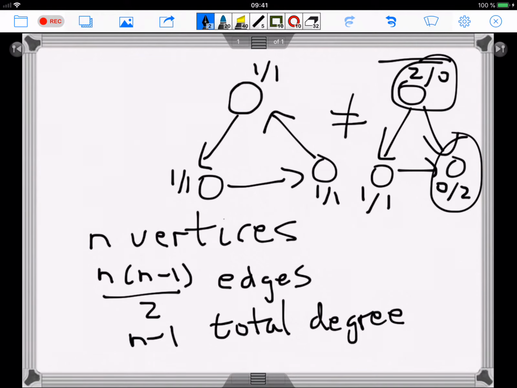So you can see here that the in degree plus the out degree is always 2, because this is a tournament of 3 vertices. Okay, so this answers the question of what the numbers of vertices, edges, and degrees are in tournaments.